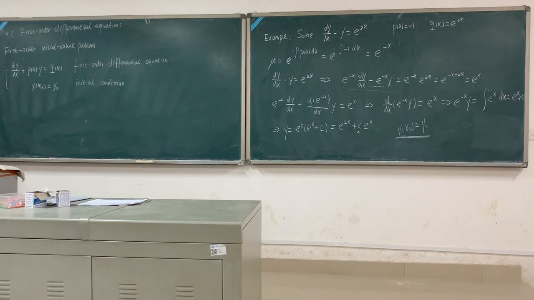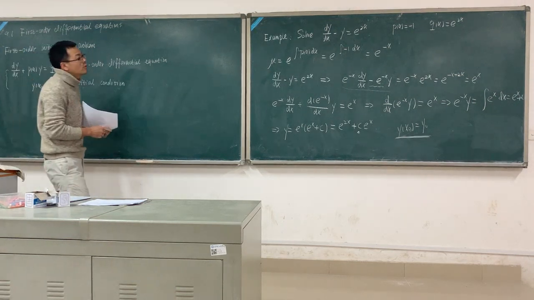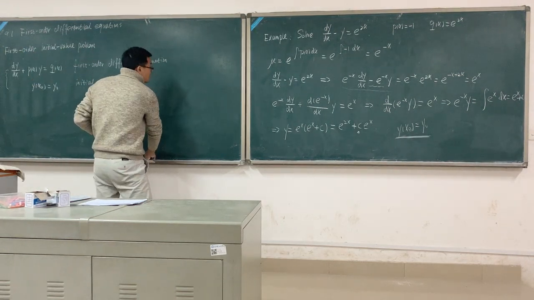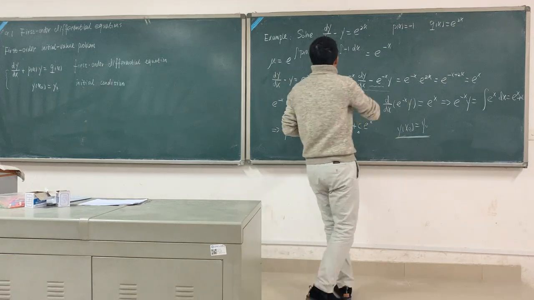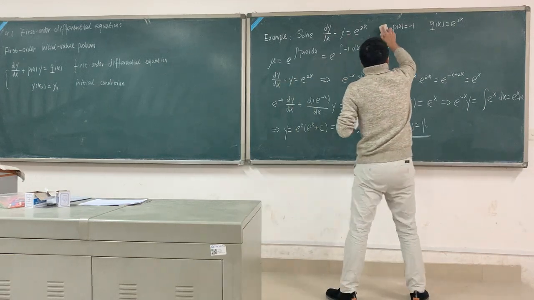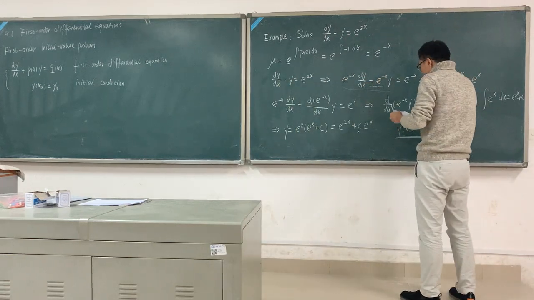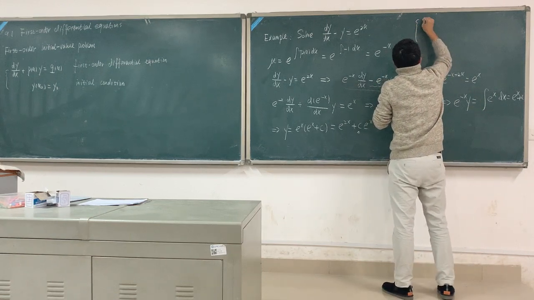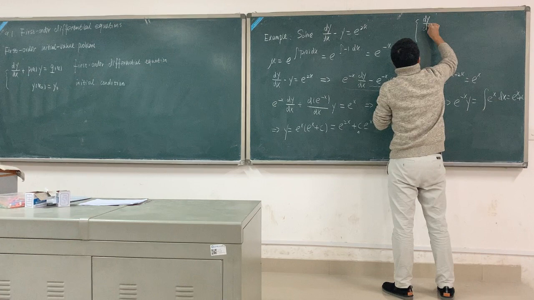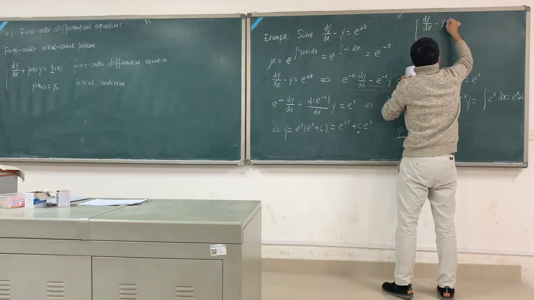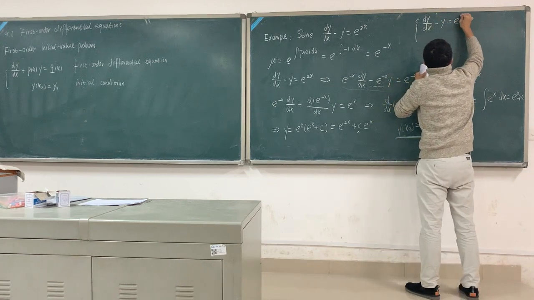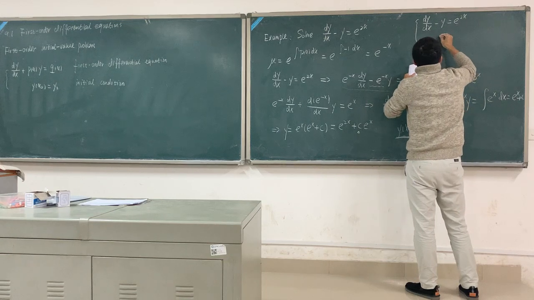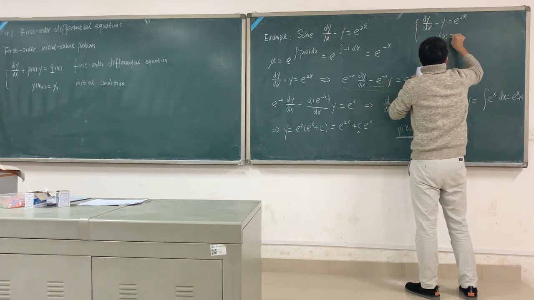Now, for example, if we give dy/dx minus y equal to e to the 2x and y(0) equal to 3.